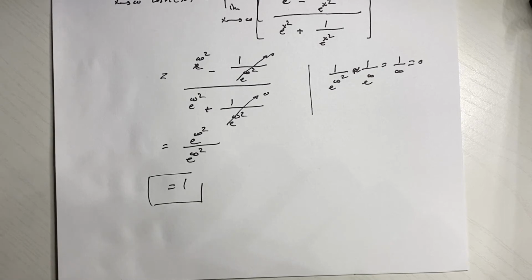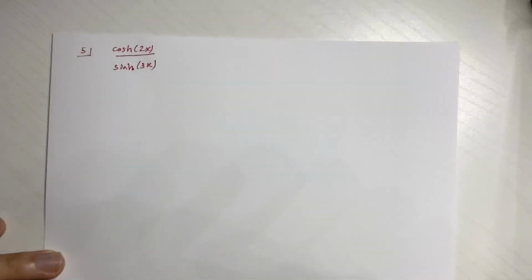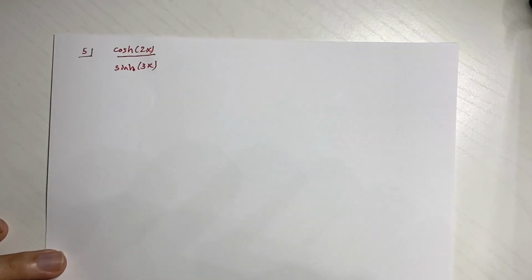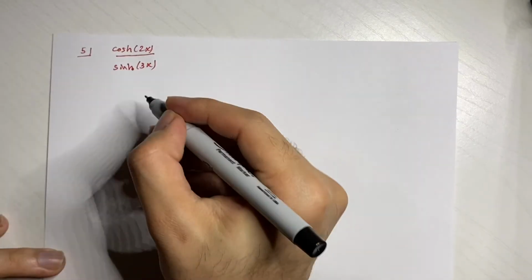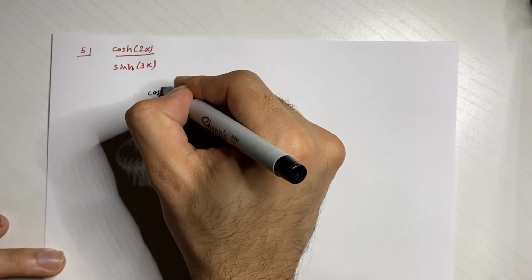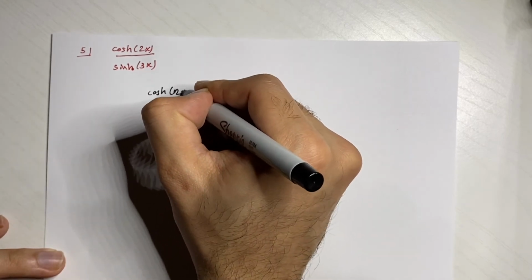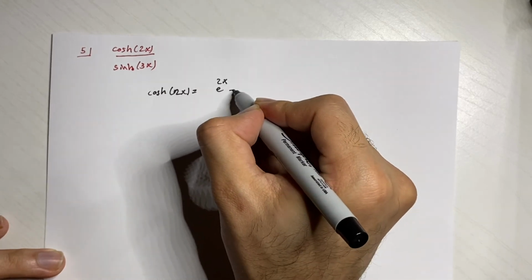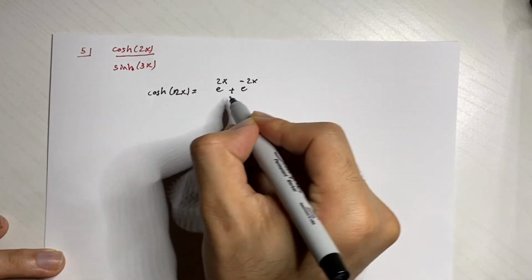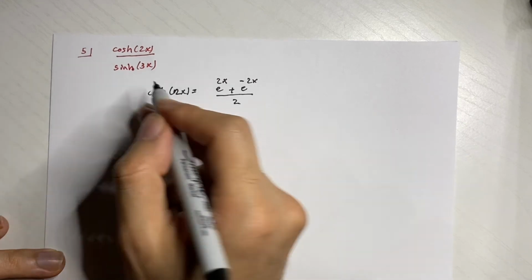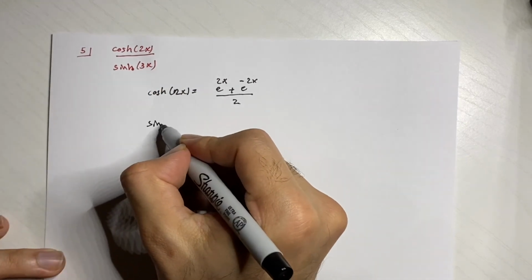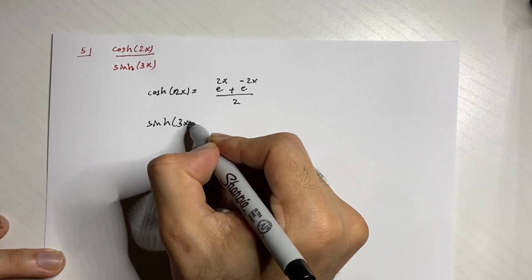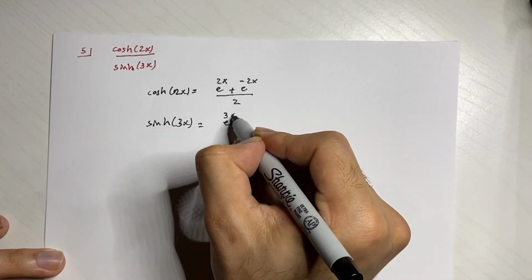Now here we have the function cosh 2x over sinh 3x, and we want to find the limit as x goes to infinity. So again, we'll start with the definitions. We write these in terms of e.